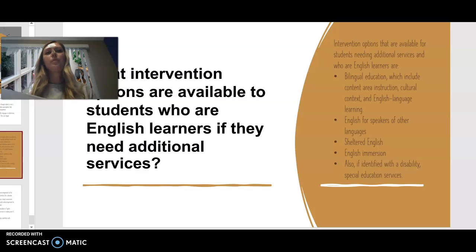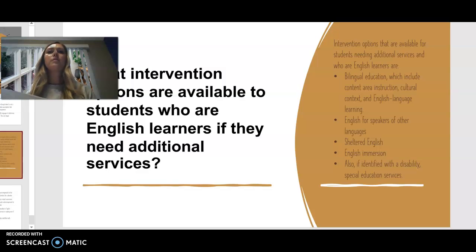Some of the available interventions, if they need additional services, are bilingual education, which can include content area instruction, cultural context, and English language learning. There are also services called English for Speakers of Other Languages, Sheltered English, and English Immersion.